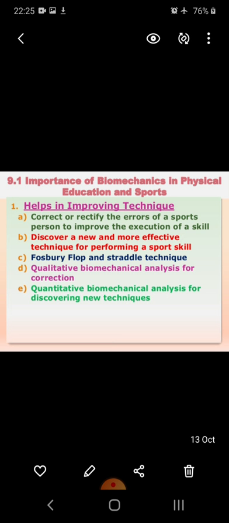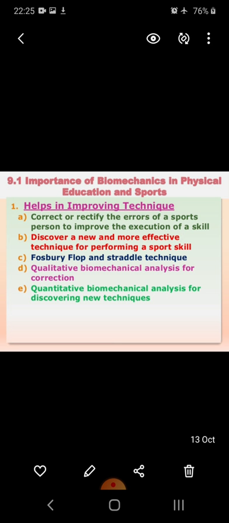The detailed description of the importance of biomechanics is stated. First is that it assists in improving techniques. How does it help in improving technique?